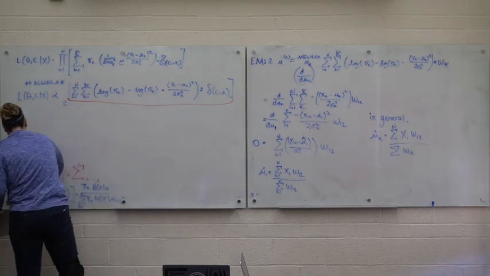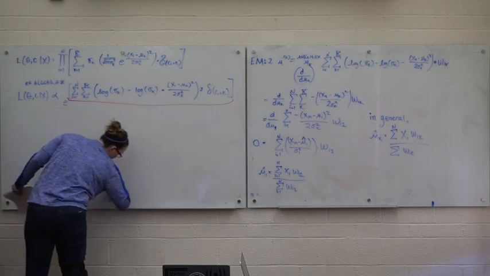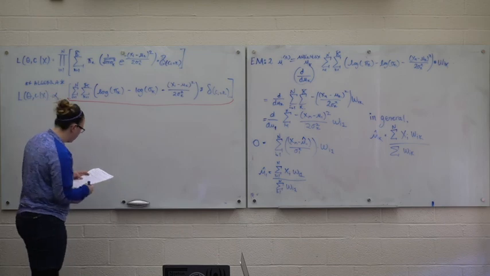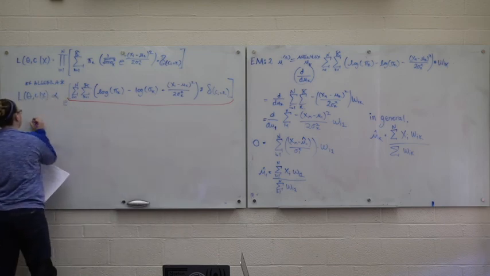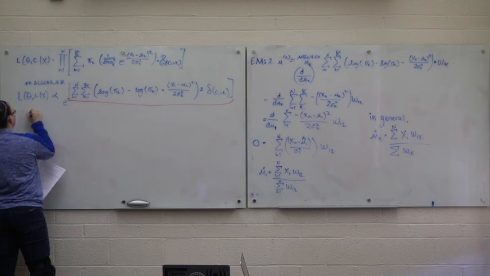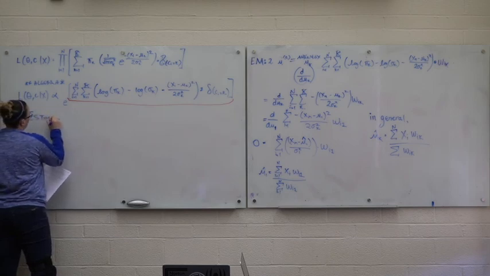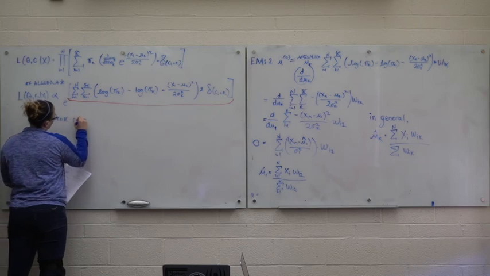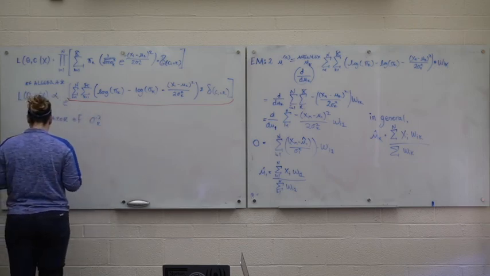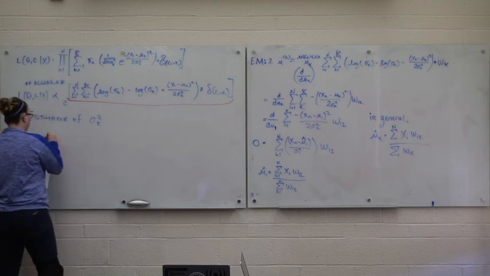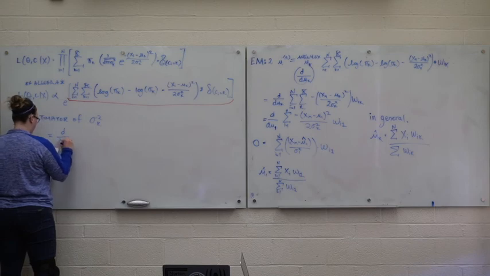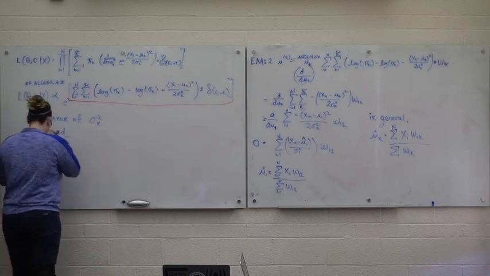I'm going to abbreviate the sigma just slightly so that I can get to the implementation and show you guys what that's all about. So if we were going to find an estimator for sigma squared k, we would get something like this. We're going to take the derivative with respect to sigma k.